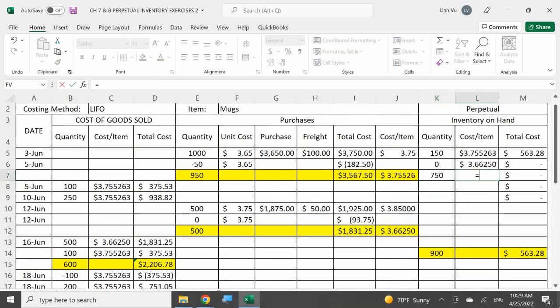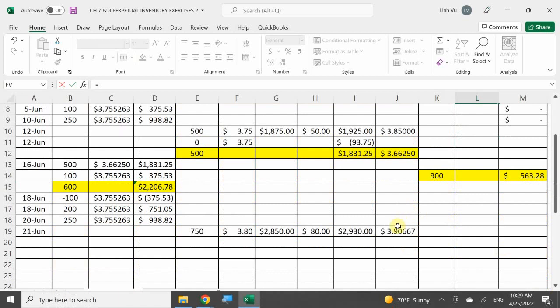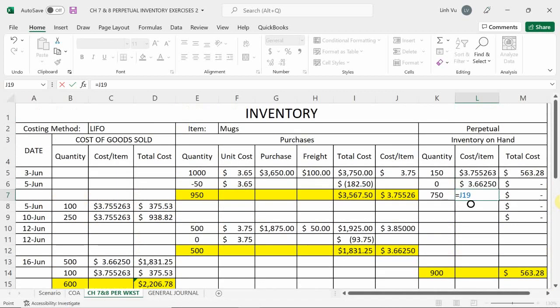We're adding it to our inventory on hand at $3.90666, which gives us a total of $2,930. Adding everything together, you now have a total of 900 units available to sell at a total cost of $3,493.28.